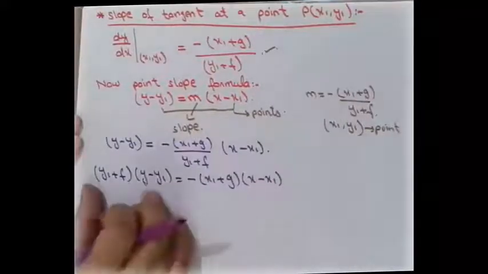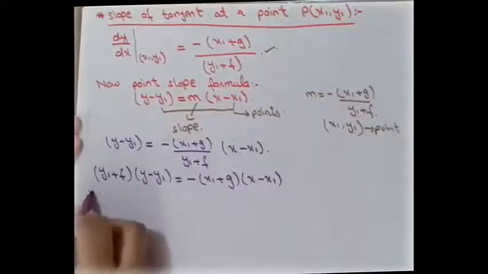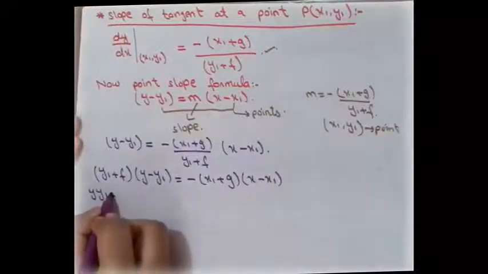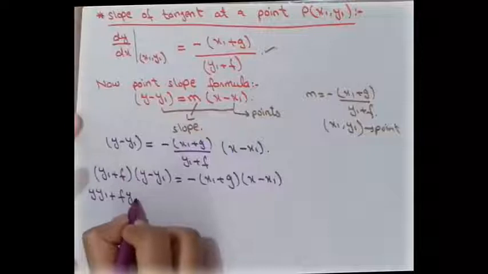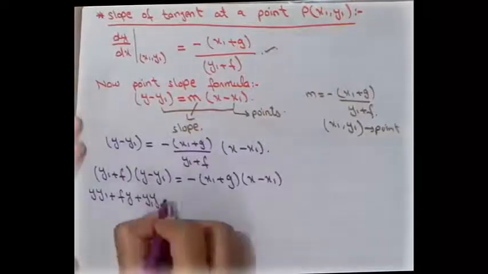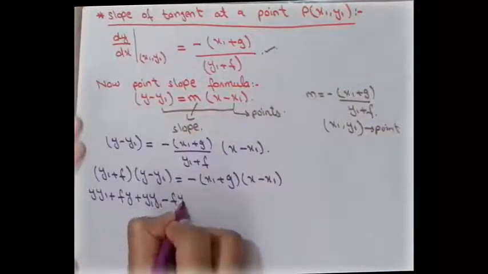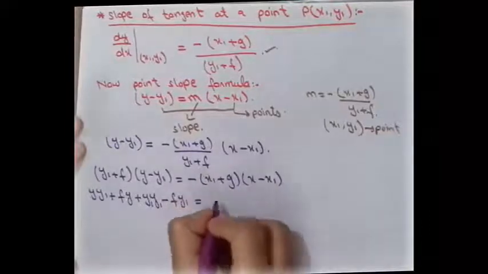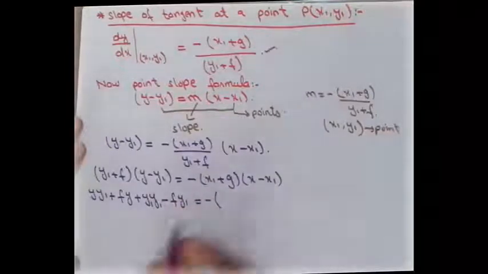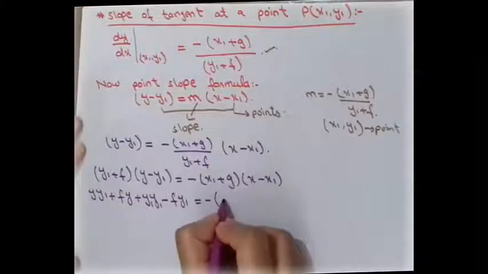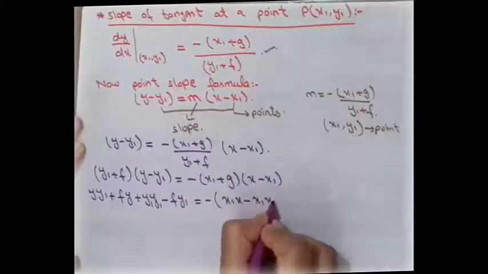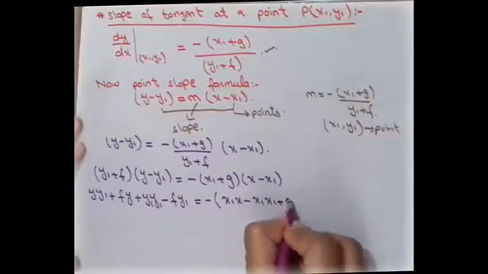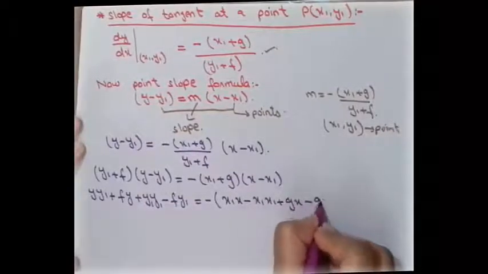To multiply these two factors, it will be y1 y plus f y, then minus y1 squared minus f y1, and if we multiply this, taking minus outside and multiplying these two factors, it will be x1 x minus x1 squared, and it will be plus gx and minus gx1.